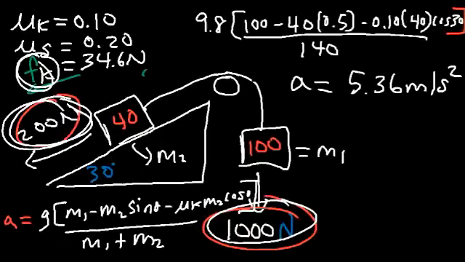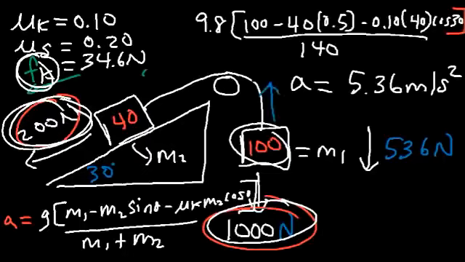So now we can calculate the tension force. Let's find the net force first. The net force for the 100 kilogram object is going to be 100 times 5.36. So we have a downward force of 536 newtons.